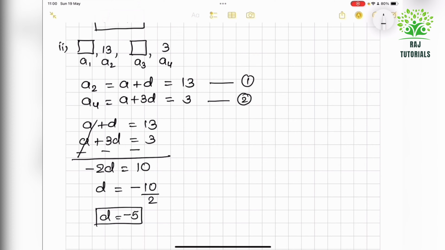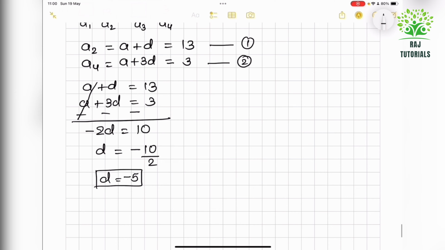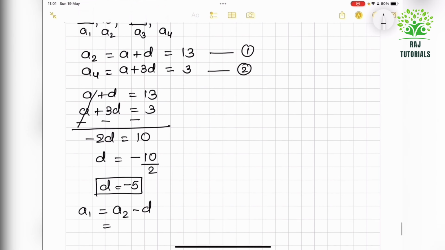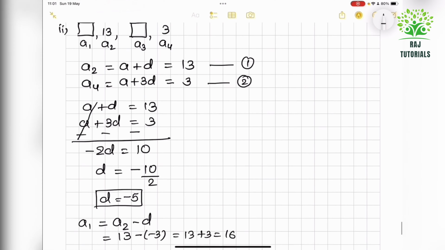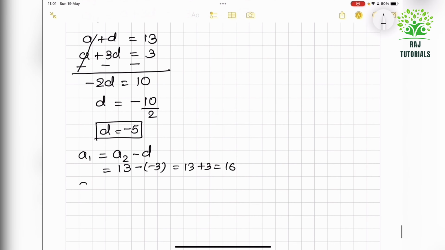Now I got d, but I still don't know A1. So to find A1, A1 will be equal to A2 minus d. So that is 13 minus of minus 5, so 13 plus 5, which is 18. Now A3 I don't know.